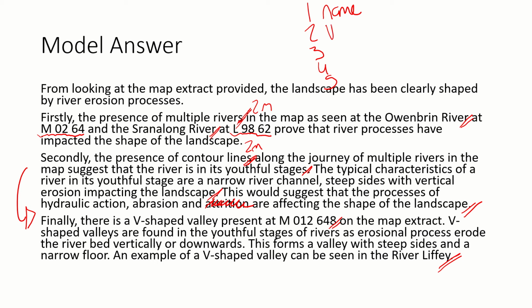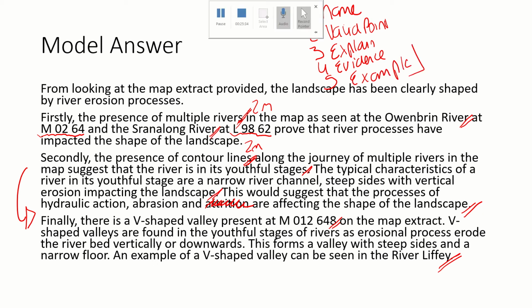Then we have to give valid points. We have to explain our valid points. We have to give evidence from the map, and then we have to give examples. So I've used the most common marks awarded to maximize my answer to ensure that I'm achieving as close to full marks as possible there.